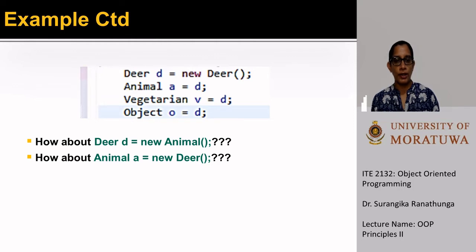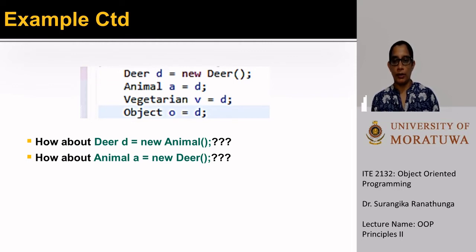So as I already explained, Animal a = new Deer will work. Why? We know a subclass has all the functionalities of a superclass plus some additional functionality. So when we say Animal a, we are expecting an object that has all the animal functionalities. For that we can give a Deer, because a Deer object has all the properties of an Animal. How about the other one?